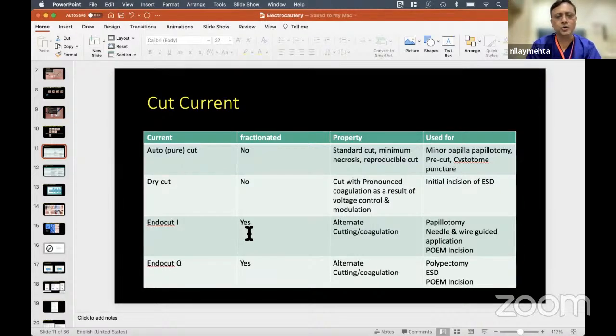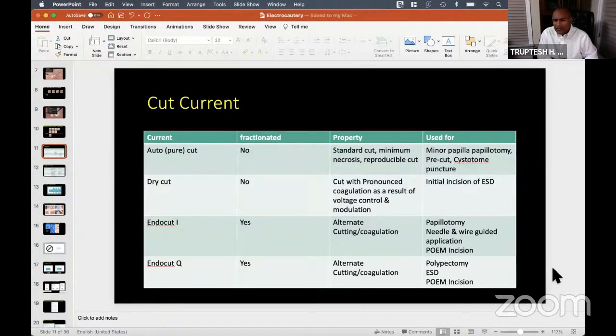Can you share your views on cut current? Where would you use it? What are the different cut currents? So just the basic polypectomies, especially in the right colon polyps or any transverse colon polyps, we normally use the cut current compared to the coag, which is mostly used like a blended one in the sigmoid area where it's more pedunculated polyps, just to give more coag and then the cut profile.